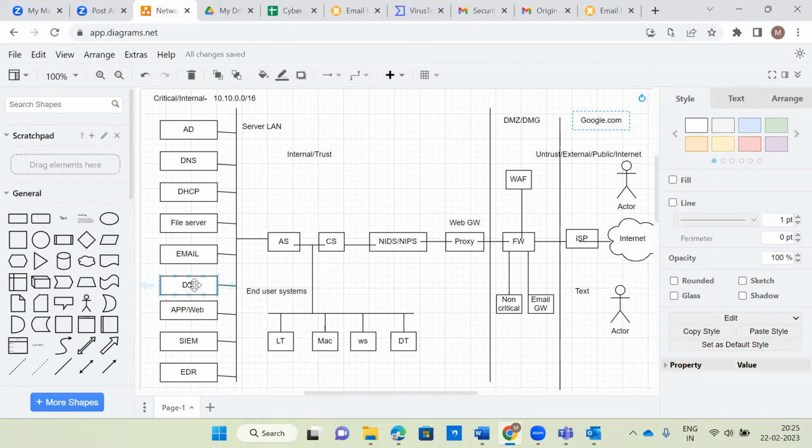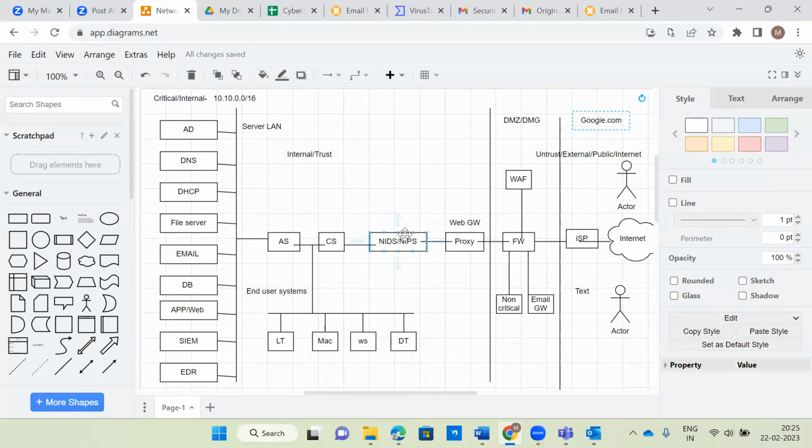Example, an attacker is trying to hack. The firewall is the entry point. If the first layer, the firewall, is bypassed, the second layer, the proxy, comes into the picture. If the proxy is bypassed, the third layer, NIDS and NIPS, comes into the picture.